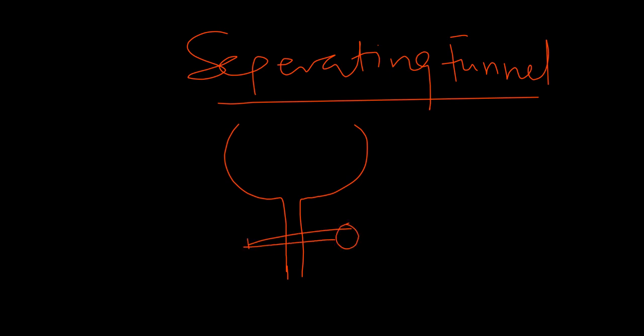So let's put water in this funnel, or any liquid in this funnel. Now, this tap on the funnel allows you to regulate the flow of the contents of the funnel.